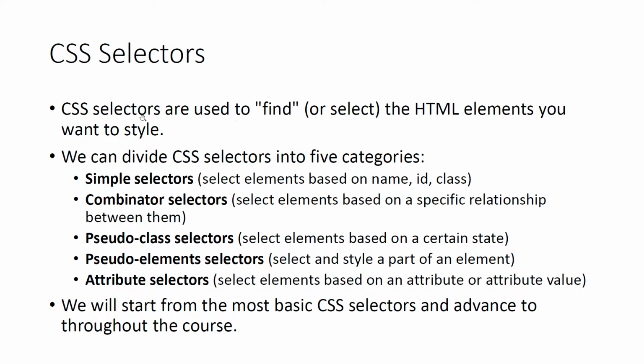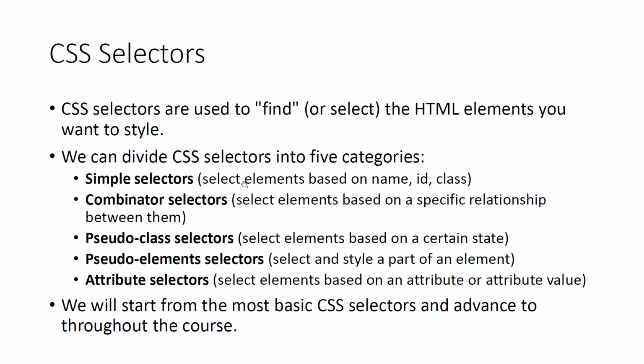So the tag which we want to style, we want to add the style on, we need to select it, and there are 3 different ways, or let's say 5 different ways to select that, to locate the HTML element that you want to apply style to.